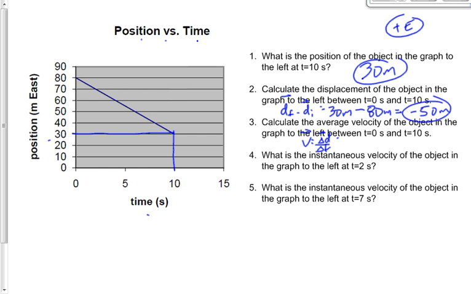The displacement is negative 50 meters. Time is 10 seconds. The average velocity is negative 5. What does the negative mean this time? To the west. Listen, if I was traveling to the west, my displacement was negative 50 meters to the west, then of course my velocity is going to be to the west. It's got to be a negative.